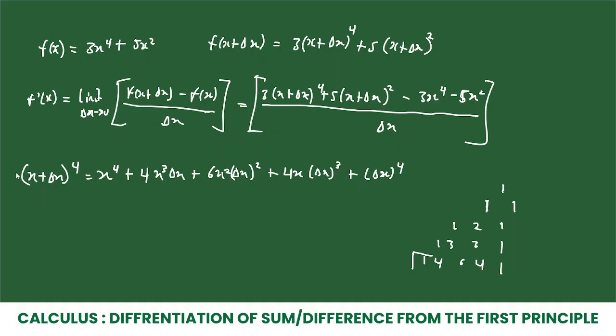So that's the expansion. So you multiply through by 3, right? So this plus our 5x squared is going to give us 5x squared plus 10x changing x plus 5 changing x squared, right?